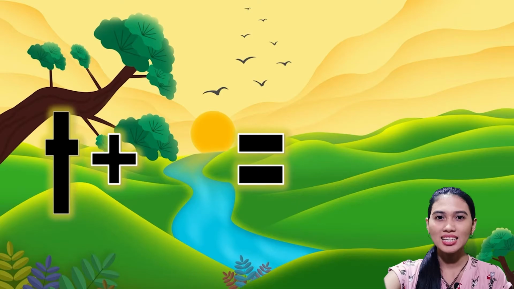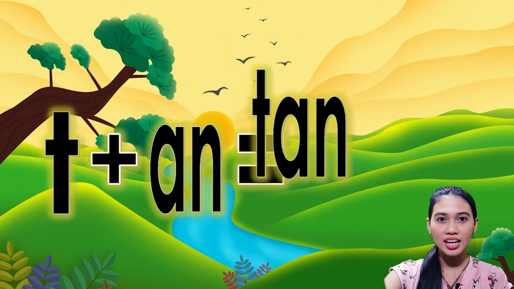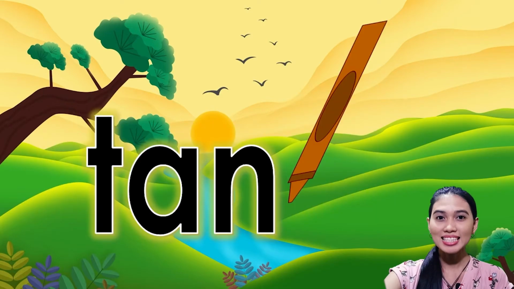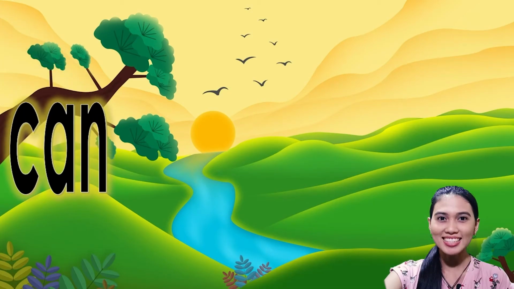T, t, t. An, t, an. Tan. Read it. Tan. Let's read the words again, but you have to read them first. Correct.